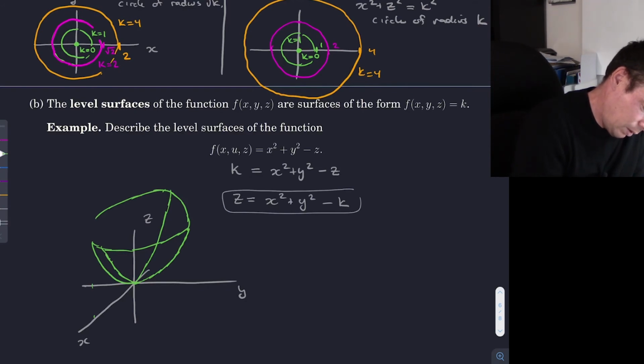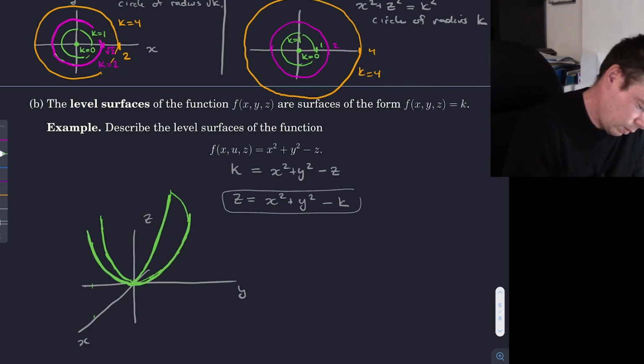And so the idea is, I'm going to try to redraw it a little bit so that it looks a bit better. Kind of looks like this, where we've got this sort of bowl shape opening up. Maybe I'll make this one go a little bit further and then draw these things around.